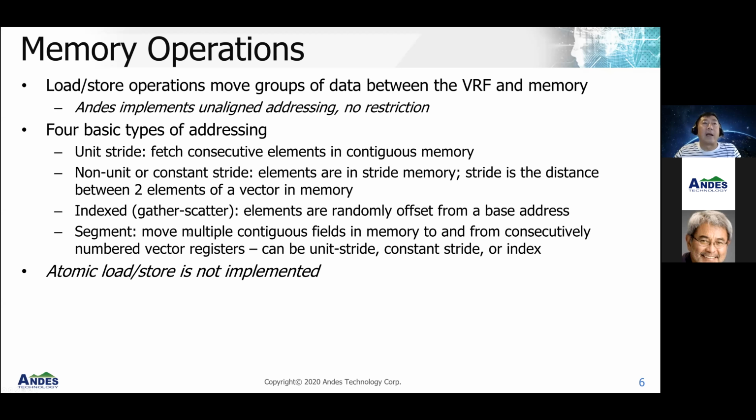Indexed scatter is randomly offset in memory from a base register. And then segment moves multiple contiguous fields of memory into a consecutive number of vector registers, and this can be unit stride, constant stride, or indexed. We do not implement atomic load store for vector registers at this time.